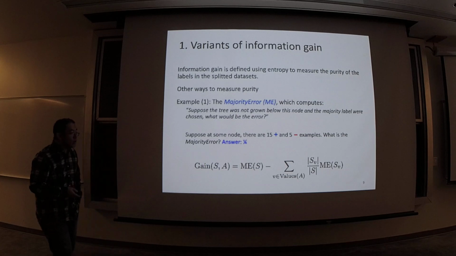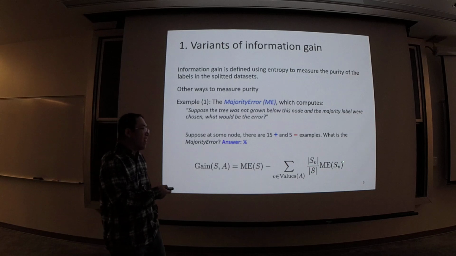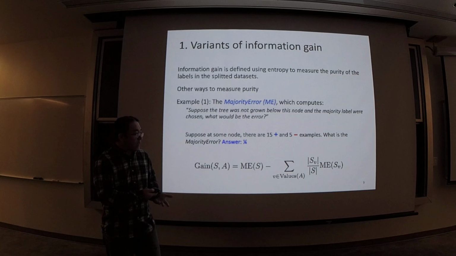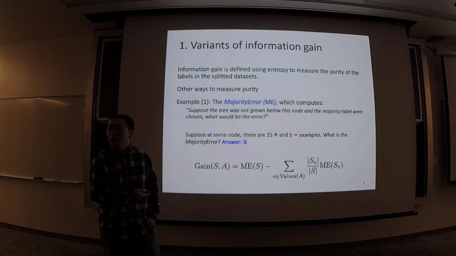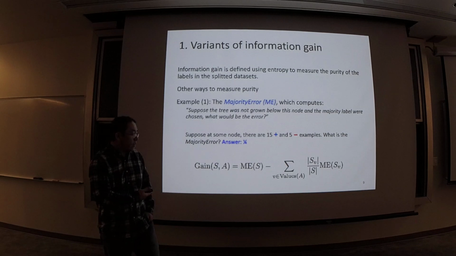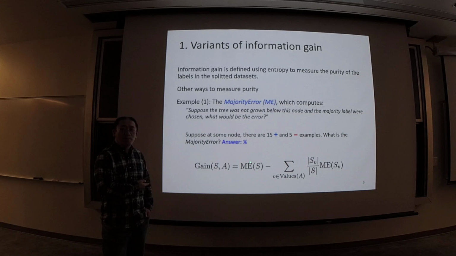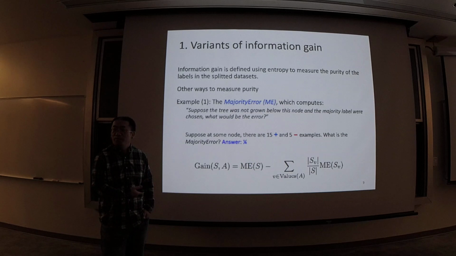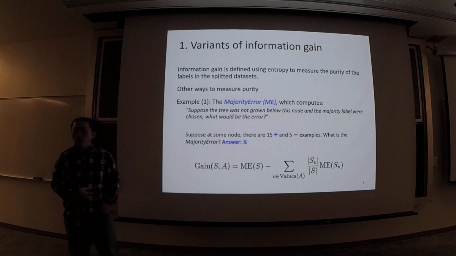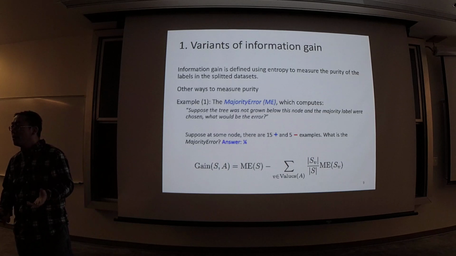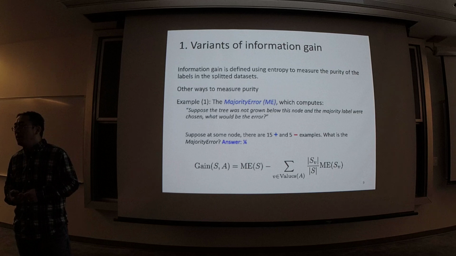And again, we need to take into account the sizes of each split subset, so it is the same formula as information gain. The only difference is that I replace the entropy by the majority error. Then we can rank all the features according to their majority gain, find the largest one, and split the data set to create branches. Any questions?